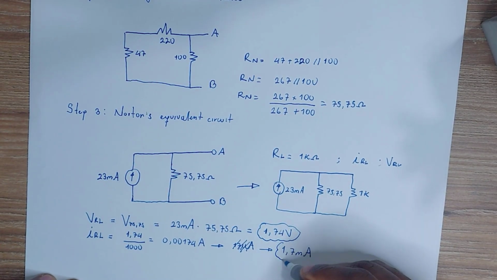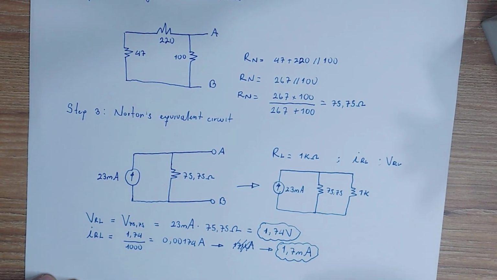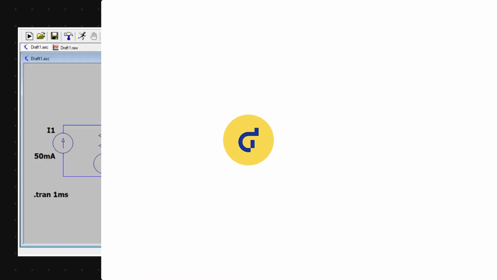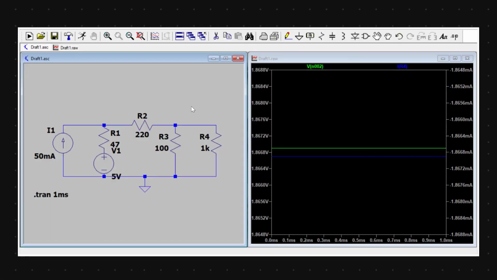Unfortunately for this circuit, I couldn't replicate it, but I'll be using a simulation to test Norton's equivalent circuit. Okay, so I have set up my simulation. This is the original circuit. In the previous example, we found that the voltage across the 1k ohm resistor was 1.74 volts, and the current across the resistor was 1.7 milliamps.